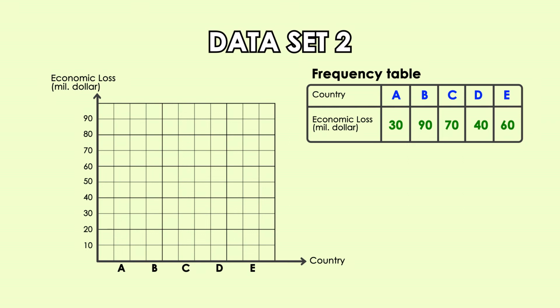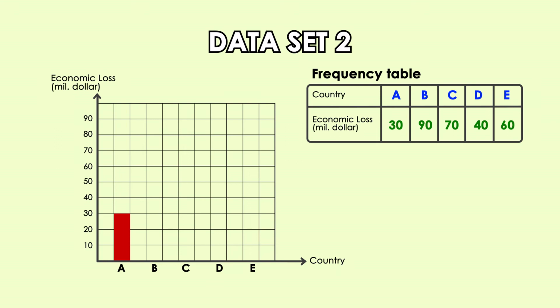So, draw a bar of 3 squares in height to represent $3 million of economic loss of country A. Next, leave a space of 1 square.